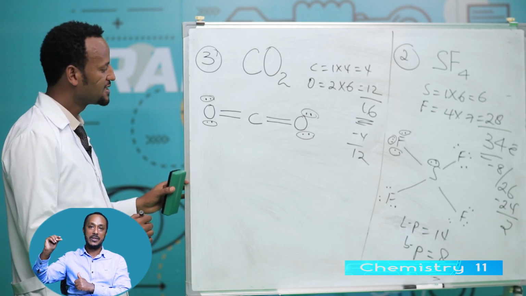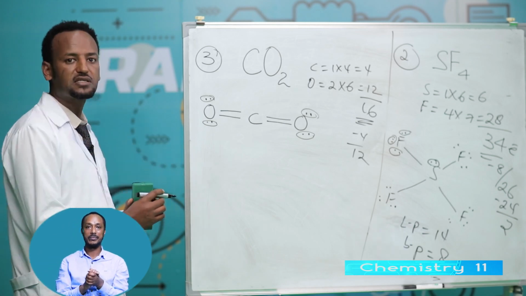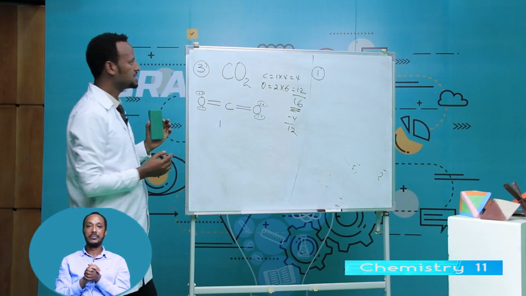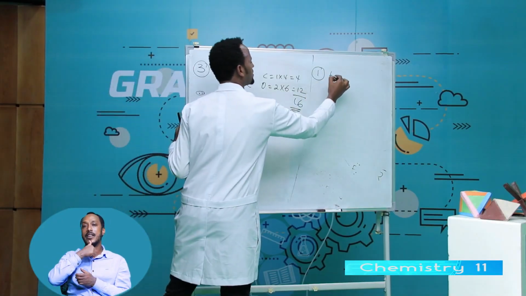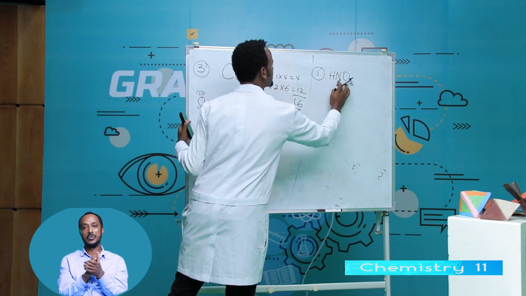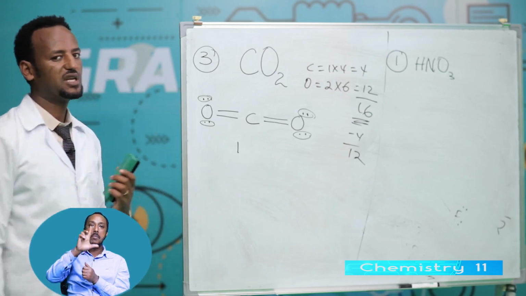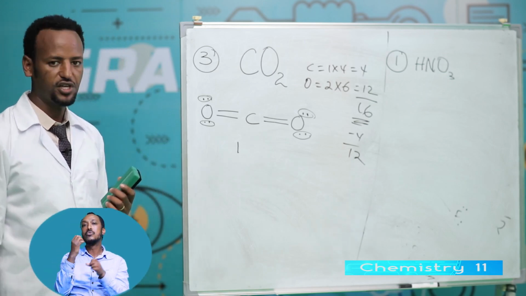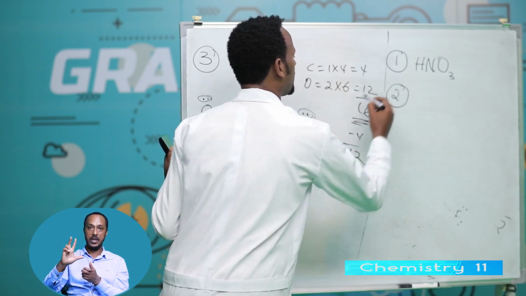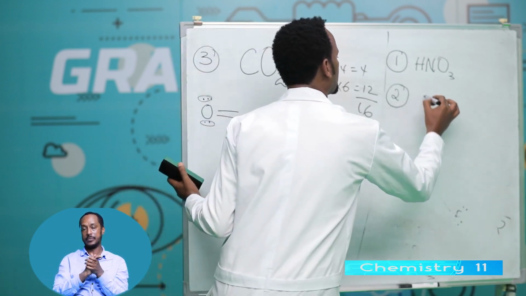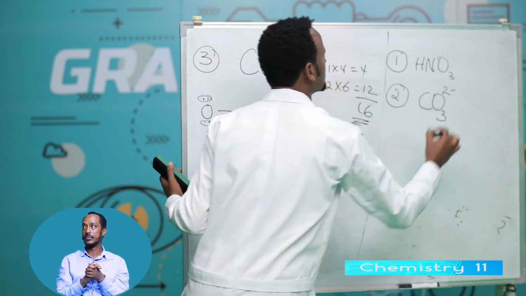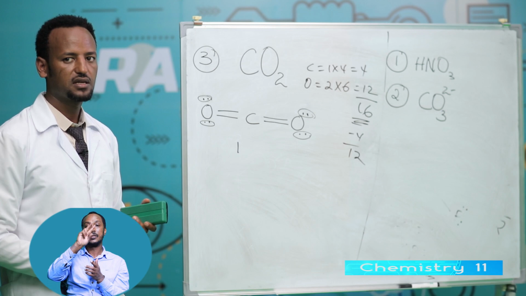Students, please write the Lewis structure of the following molecules. One is HNO3, nitric acid. Please draw the Lewis structure of HNO3. Two, CO3 2 minus, carbonate ion.